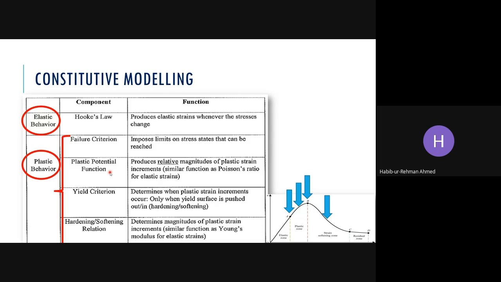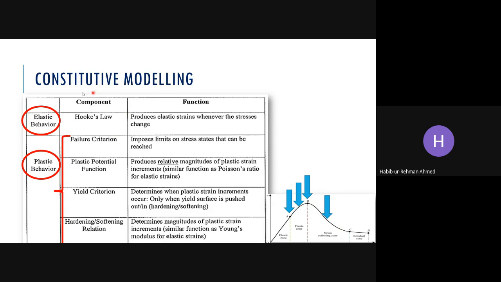So we'll have the yield criterion, the failure criterion, then the plastic potential function, and finally this flashing part, which is represented by a hardening or softening relation. There is a mathematical relation that will give us the complete behavior of this part, which is called the stress softening part or hardening part. So if we have these 4 relationships, our constitutive model is complete.